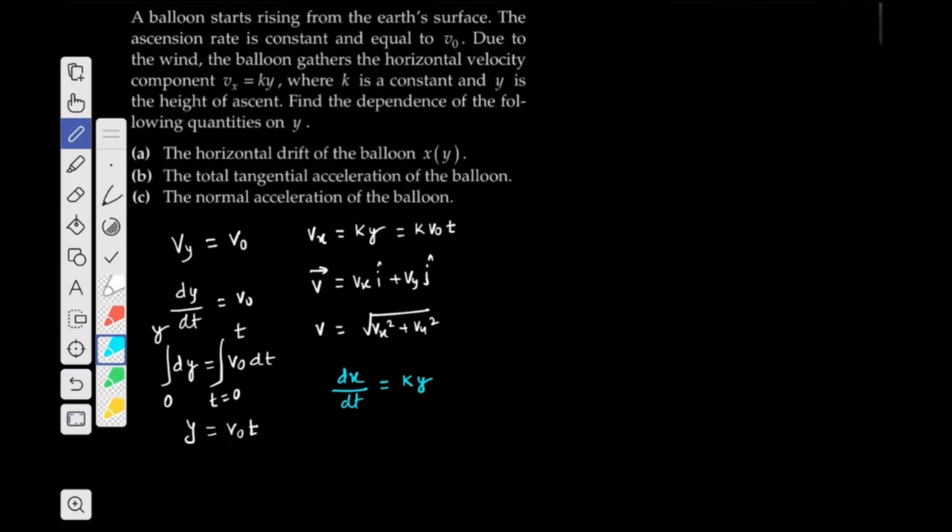So since I know what y is in terms of t, I will figure out x in terms of t, and then I can replace t in terms of y. There is one thing we can do.